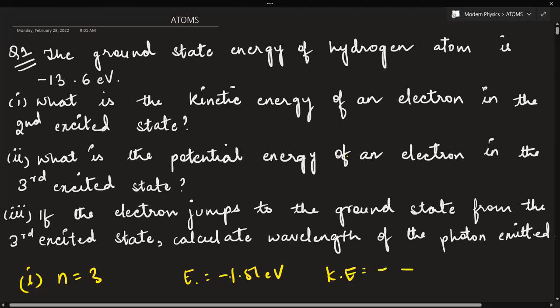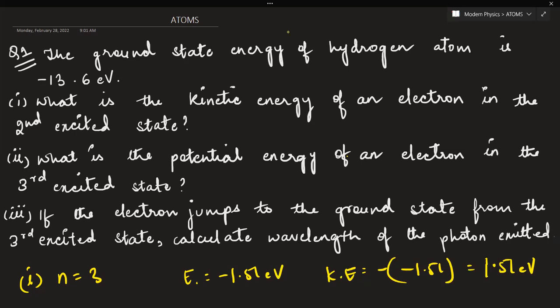So it will be minus of minus 1.51, that will be plus 1.51 electron volt. This will be the answer. Second part says, what is the potential energy? Not minus 1.5, Atif. That is the total energy which you are mentioning. Question is asking kinetic energy. So it will be plus whatever answer you've written.